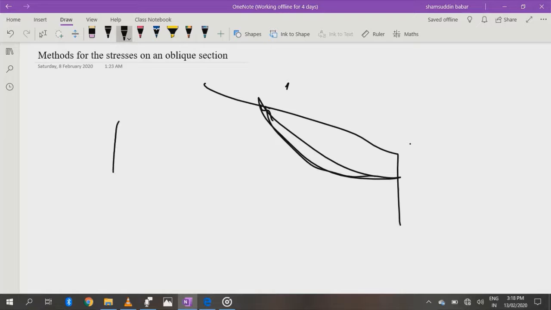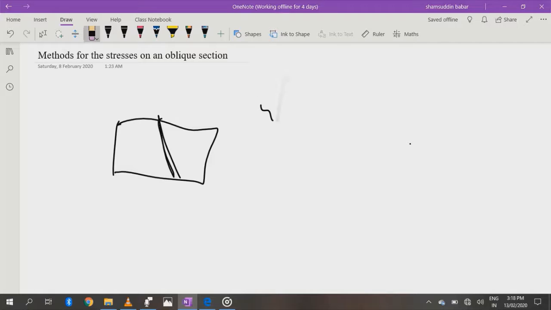So for example, there is a body. Now the failure usually occurs at an angle, in an oblique section. So we need to find out the stresses in an oblique section.